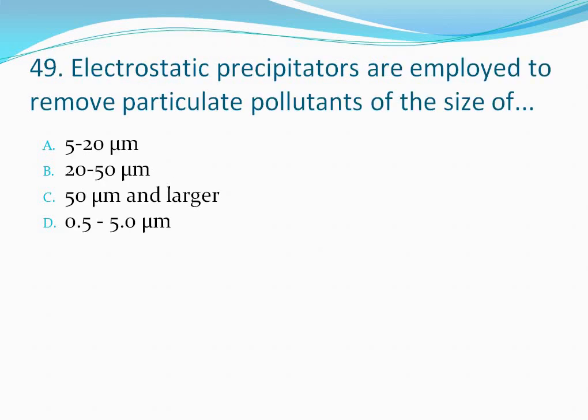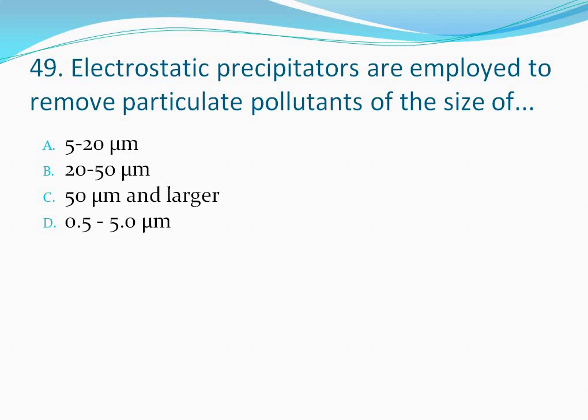Question number 49. Electrostatic precipitators are employed to remove particulate pollutants of a size of, your options are option A, 5 to 20 mu. Option B, 20 to 50 mu.